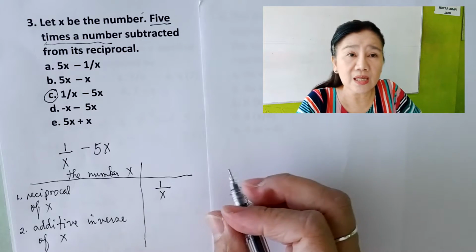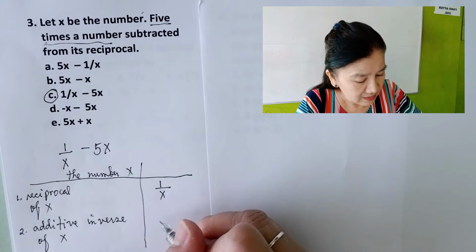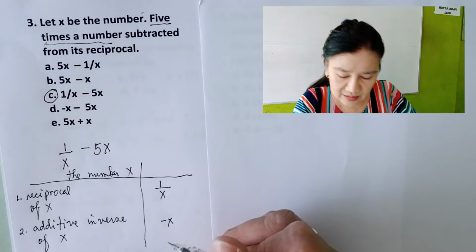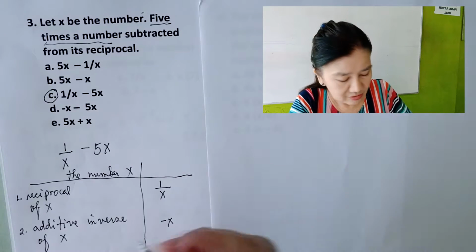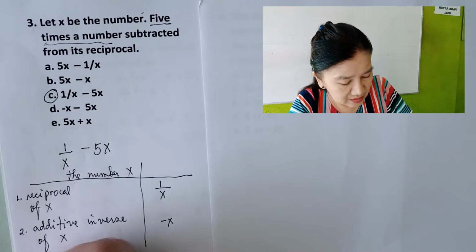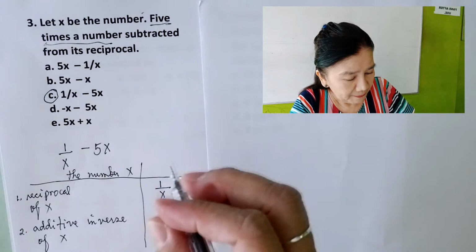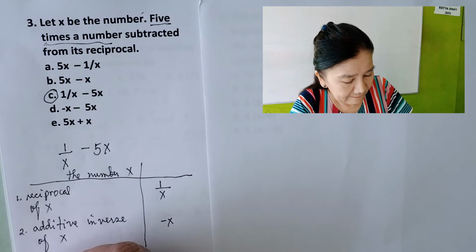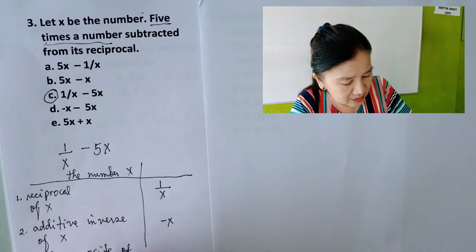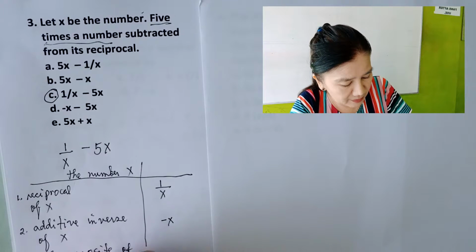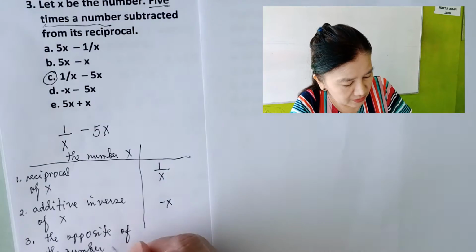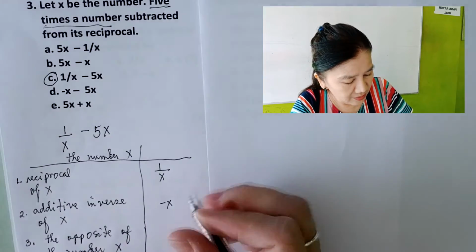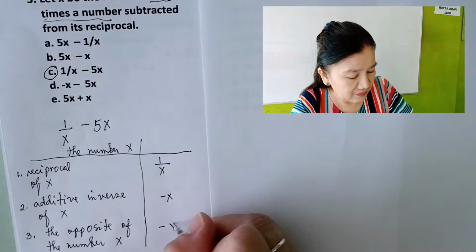Given x, what is the additive inverse of x? Minus x. What else? The opposite of the number x. The opposite of the number x is negative x.